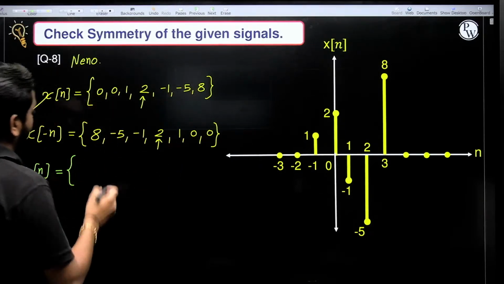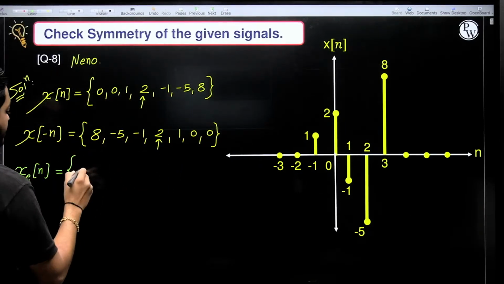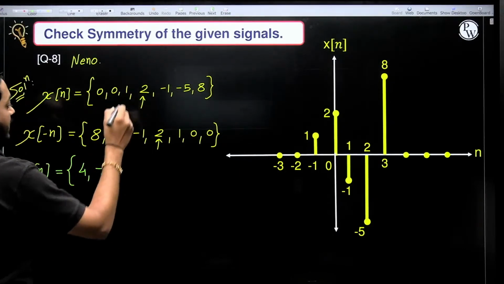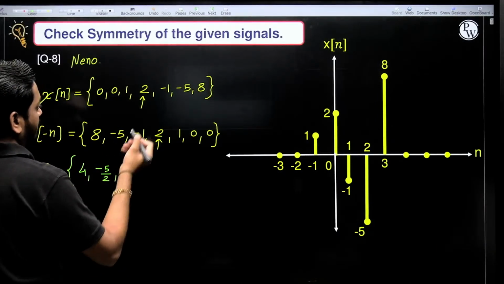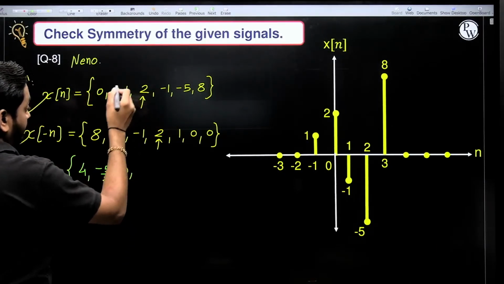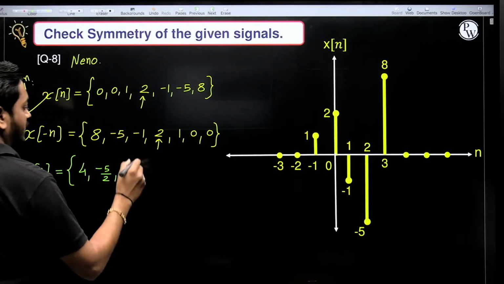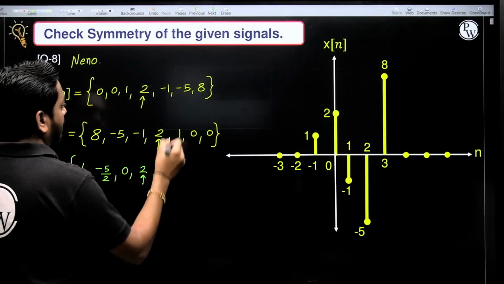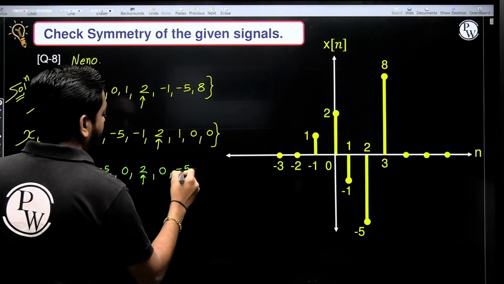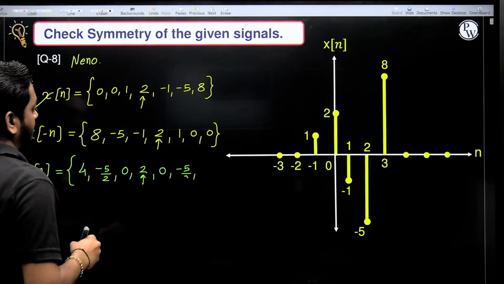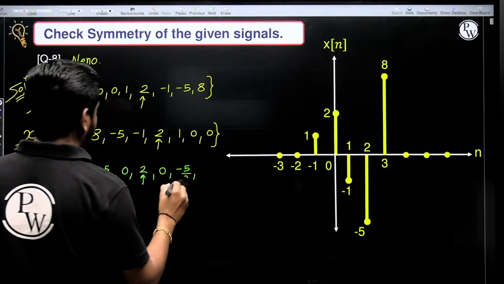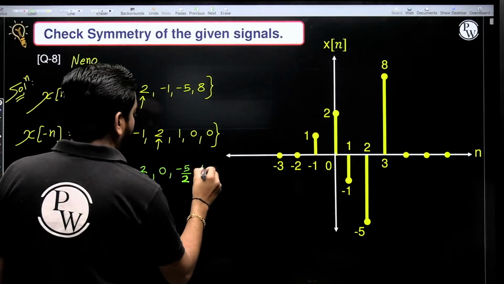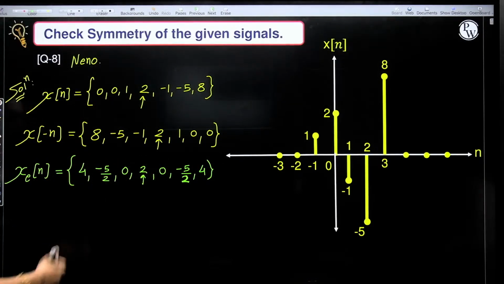Now real value signal: 0 plus 8 divided by 2, 4. 0 minus 5 divided by 2, minus 5 by 2. 1 minus 1, 0 divided by 2, 0. Correct. 2 plus 2 divided by 2, that is 2. 1 plus minus 1, that is 0. Minus 1 plus 1, 0. Minus 5 minus 0, that is minus 5 by 2. 8 plus 0 divided by 2, that is 4. You can see this is the even signal.